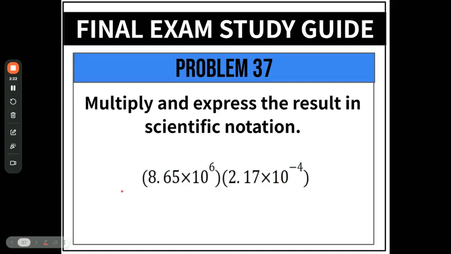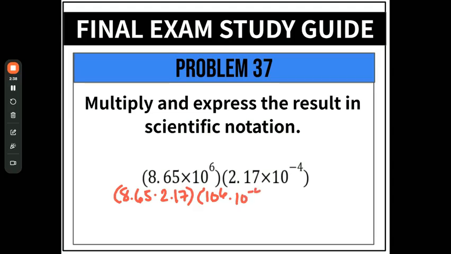I'm going to rewrite it like that. So I'm going to take the 8.65, multiply it by the 2.17, and write it like that. And the same thing with the base 10 numbers. 10 to the 6 times 10 to the negative 4.